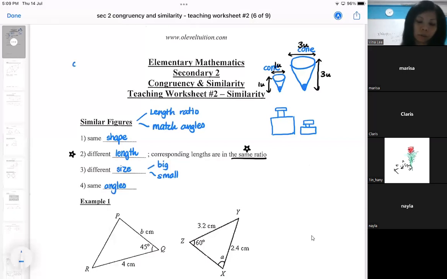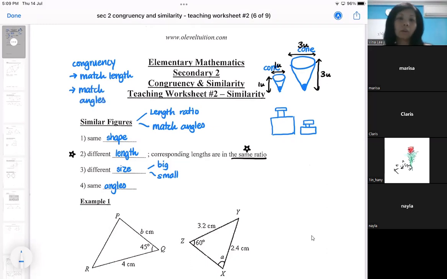In contrast to congruency, in congruency we match length and we match angle. You will need to have the distinction between these two. So this is the overall picture. In congruency, we keep matching length and angle.